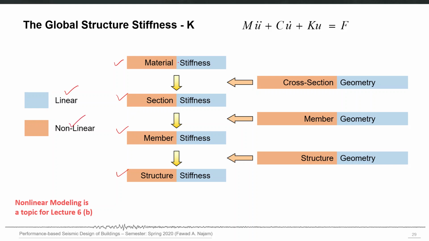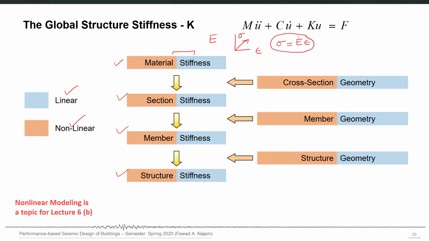For example, let's say the material stiffness. If you are only defining the material with one number, which is the elastic modulus, then you are defining the default stress-strain relationship between a material which is forever linear like this. So basically you are saying that stress will always be equal to the elastic modulus times strain. So if you want to convert strain into stress, you will always use this expression.